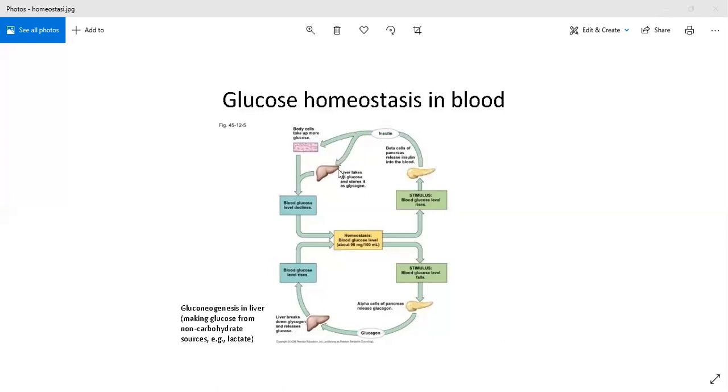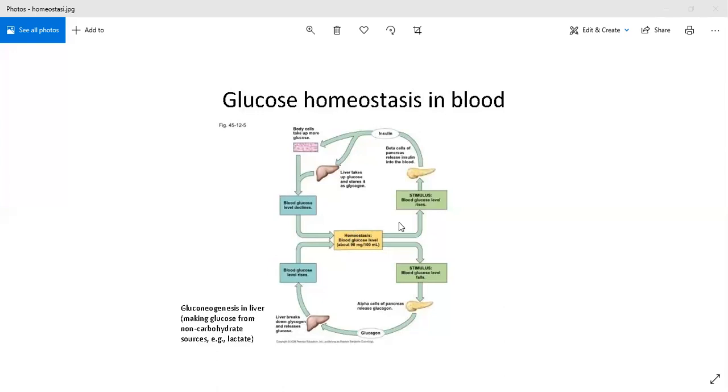Glycogen is produced. And then the second action of insulin is that it causes the cells to take up the glucose so that the glucose can be used to generate energy within the cells. And when that happens, the effect is that the blood glucose level now declines, and so it returns to the normal amount of glucose.